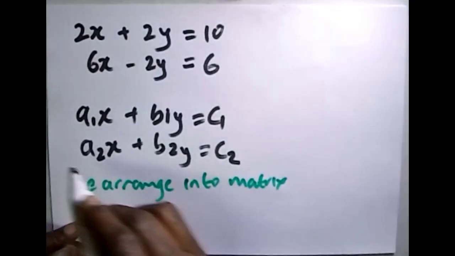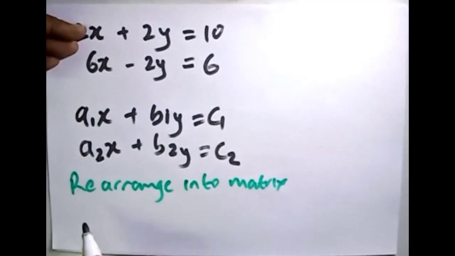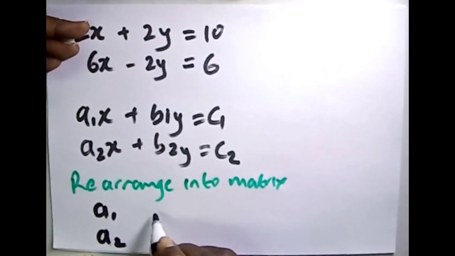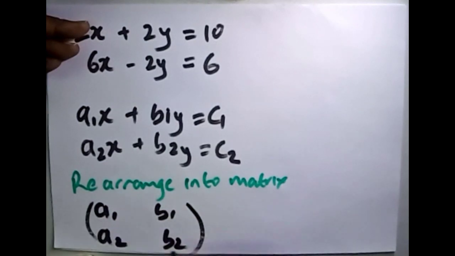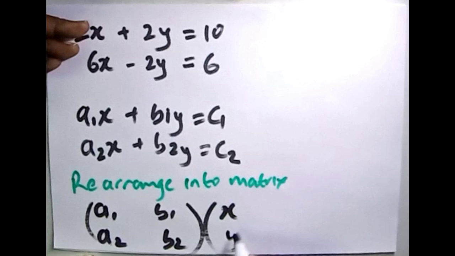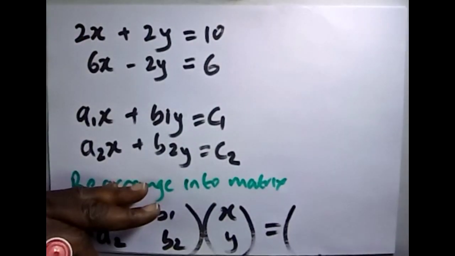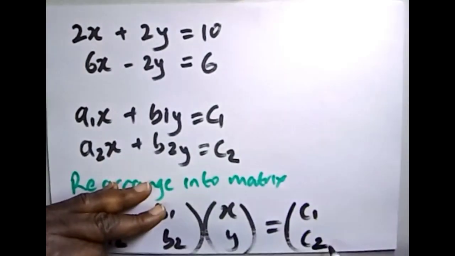Now we can rearrange this into a matrix form. Just watch and see how we do it. A1, A2, B1, B2 times X and Y equals C1, C2.